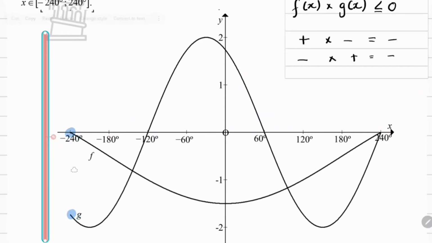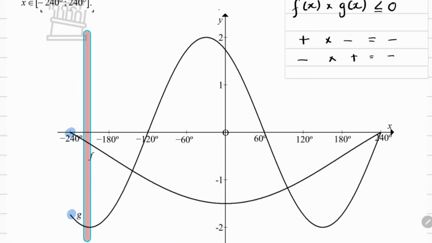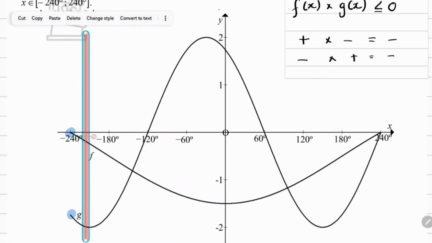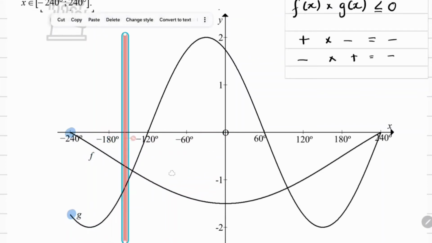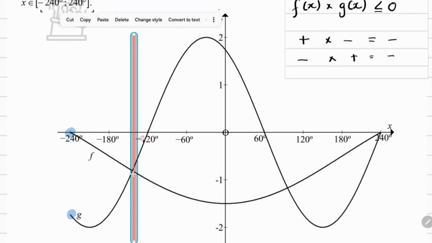Let's keep moving with our vertical line. If you keep going, here, for example, the y value of the graph of f is negative, and the y value of the graph of g is negative. That's not going to work because a negative times a negative will give you a positive, and we needed a negative. If we keep going, it's still a negative and a negative. That's not what we want. Even right here at the point of intersection, they're the same values, but they're both negative.